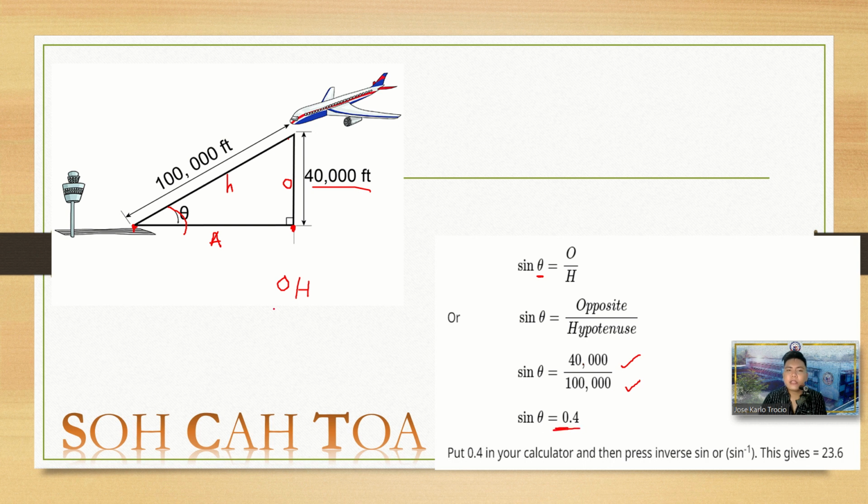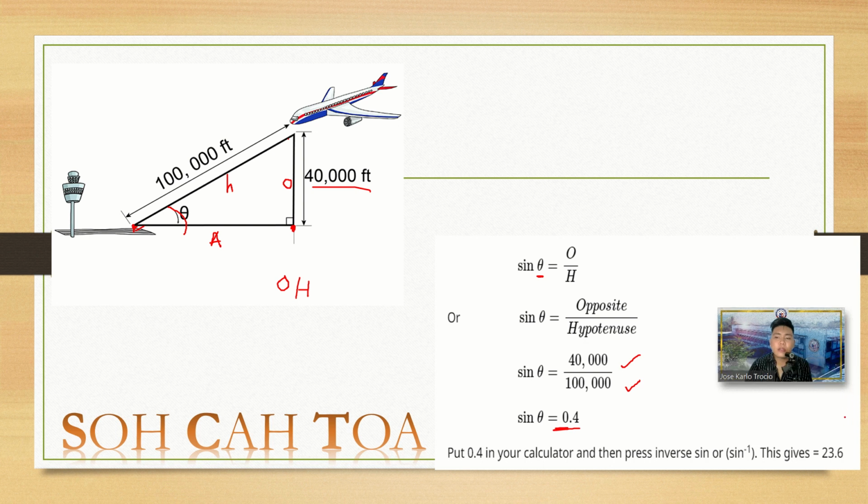Is this the distance from this point to this point? It doesn't look like it because it is in the 10,000s form. But to do that, you need to use your calculator. You already have the answer, 0.4.